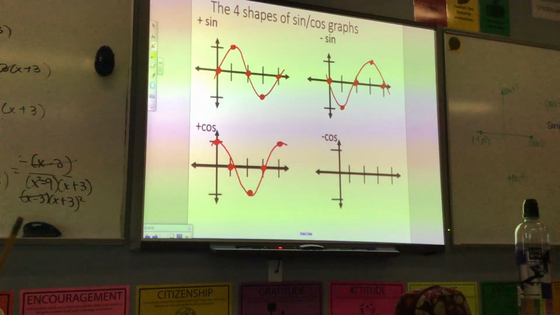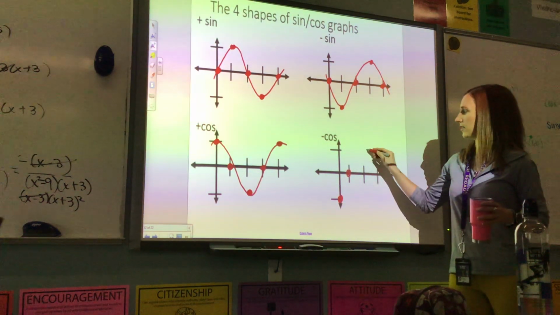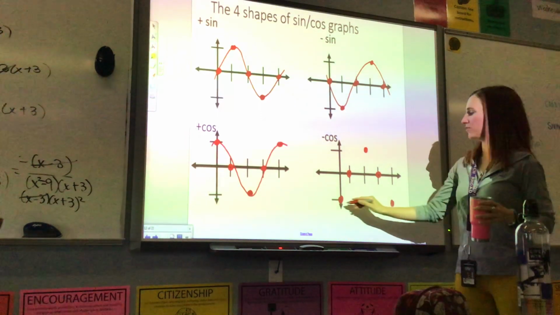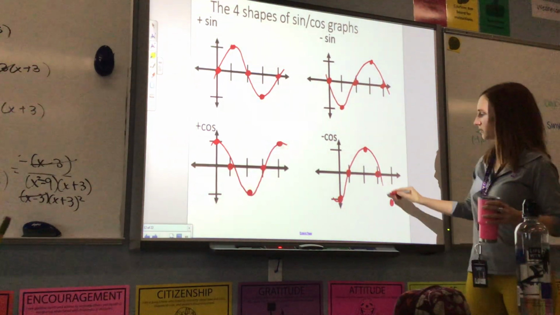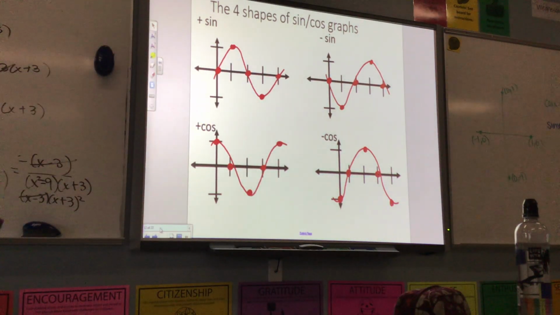It's reflected. So it'll start at negative one and then move like this. Okay? The bulk of your points will not come from your shape. The bulk of your points will come from your ability to label all of those lines, which is what we're going to spend most of the time talking about. Those shapes just come from your parent function. But every single graph should look like one of those.